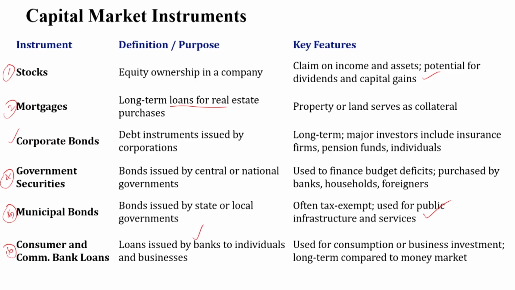Compared to money market loans, these are long term. They form a major component of bank-based capital financing. In summary, capital market instruments enable the transfer of funds from savers to users over the long term, supporting productive investment and economic growth.